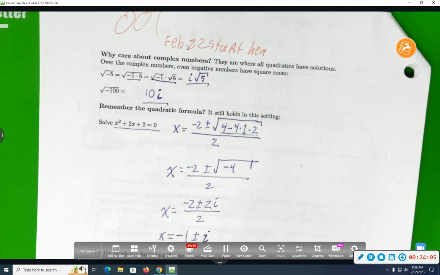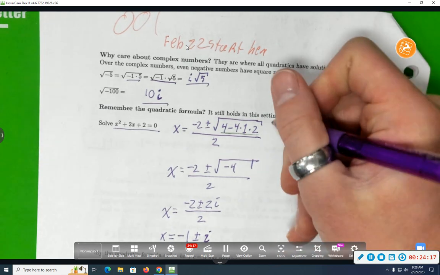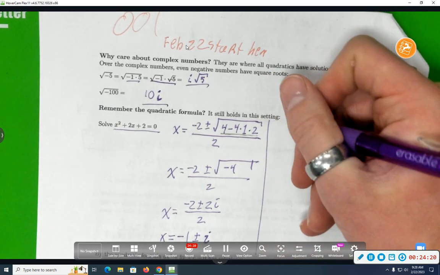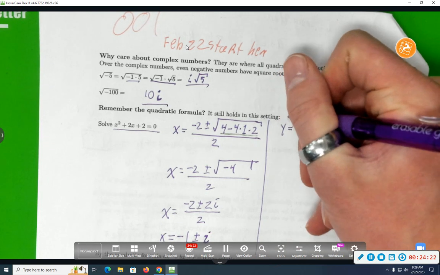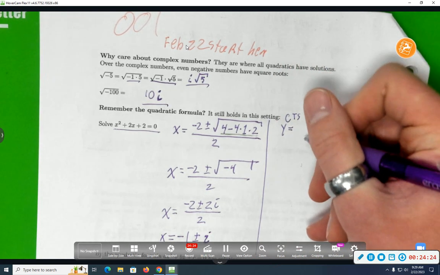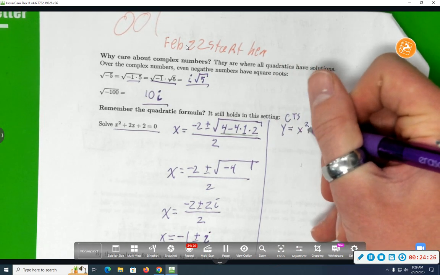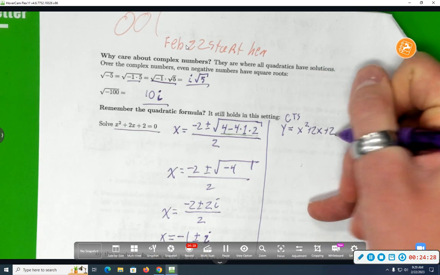So just because of the feelings during that quiz last time, let's also complete the square, just to do that also. So let's apply the completing the square idea to this same thing. Let's complete the square. 0 equals x squared plus 2x plus 2.